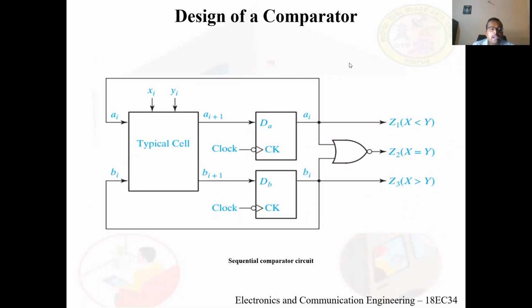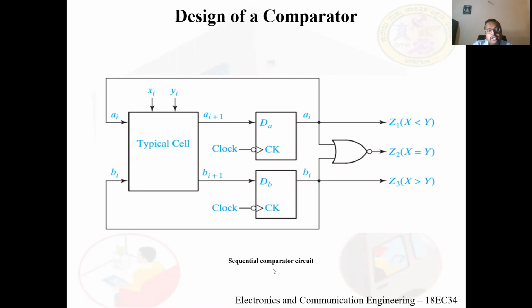Now we have seen how to design a combinational comparator. A sequential comparator is similar to the combinational comparator we studied. In the combinational comparator, all the inputs xi and yi are received in parallel.